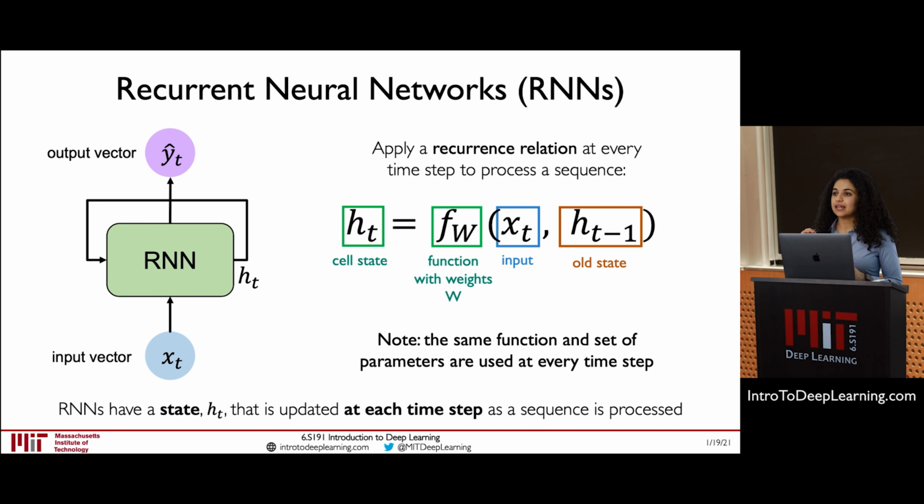A key feature of RNNs is that they use this very same function and this very same set of parameters at every time step of processing the sequence. Of course, the weights are going to change over the course of training, and later on we'll see exactly how, but at each iteration of training, that same set of weights is applied to each of the individual time steps in the sequence.